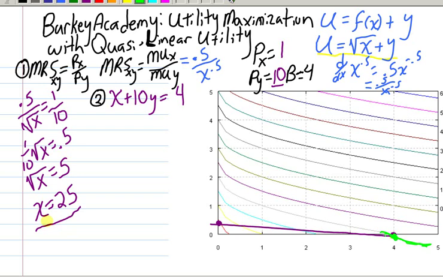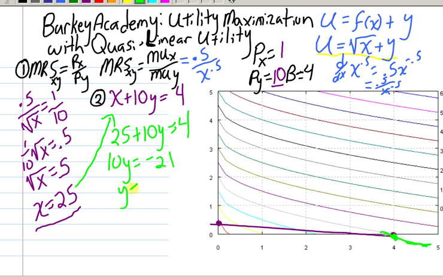Now, another way to see this is if we plug x equals 25 here into this budget line equation to see how much y we would want to buy, then 25 plus 10y equals 4. Subtract the 25 from both sides and we get 10y equals negative 21. So the optimal amount of y is negative 21 over 10, or minus 2.1.